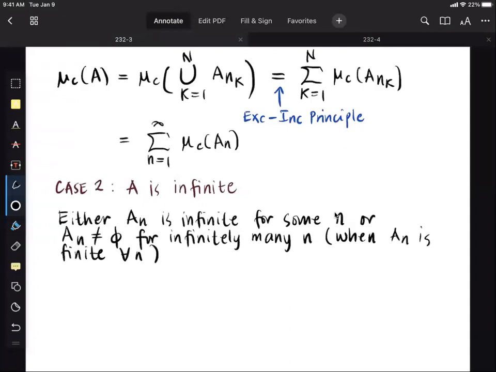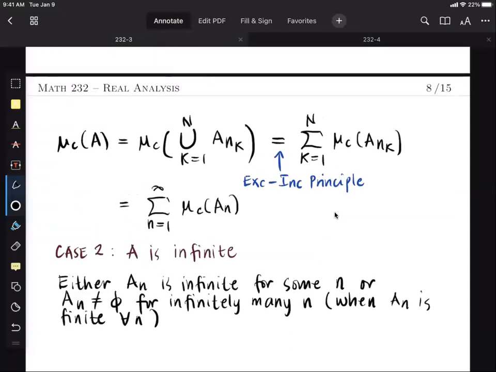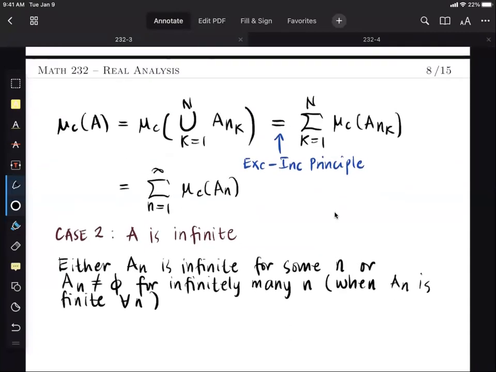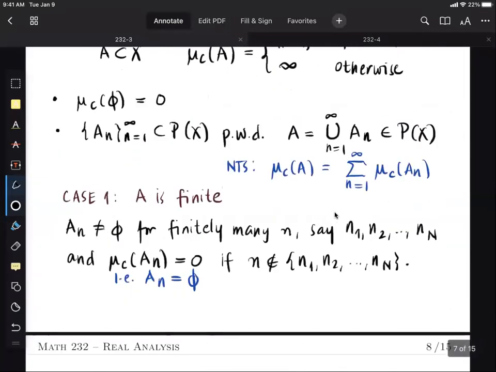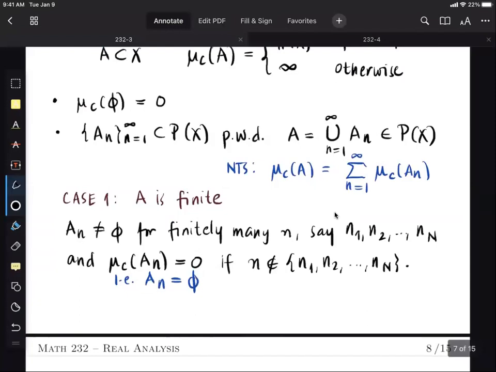So if the sets involved are finite for all n, and they are pairwise disjoint, if you want to have a union that is infinite, then at least infinitely many times this A sub n would be non-empty.